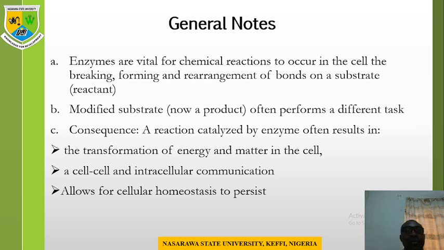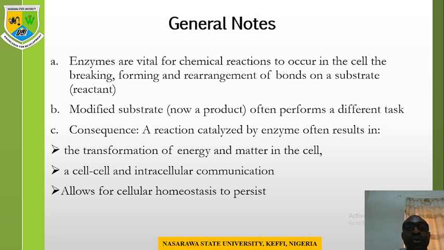Now, general notes for us to understand and appreciate what enzymes are with respect to the biologic system: enzymes are very vital for the chemical reactions to occur in the cell. And these reactions involve what? The breaking of bonds, the formation of bonds, the rearrangement of bonds on a substrate, which of course is known as the reactant.